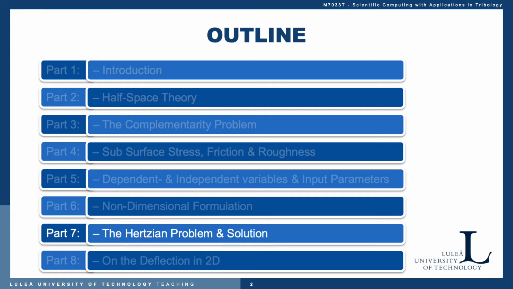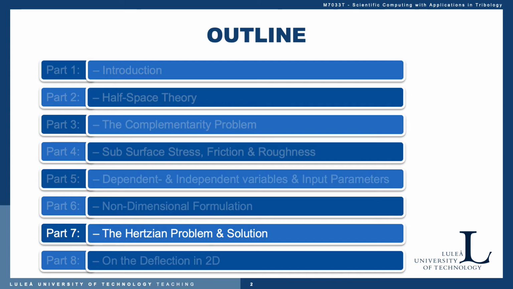Then we're going to look at what the shape of the undeformed bodies and the gap between them has to do with the non-dimensionalization and the dimensionless groups associated with the gap. We're going to derive the set of Hertzian input parameters for the 3D problem.